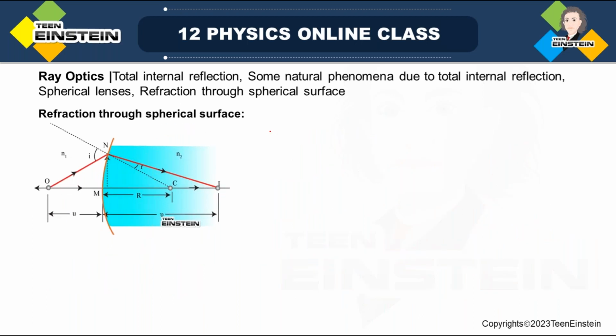Similarly, I can get gamma. Tan gamma is perpendicular NM by MC, or NM by PC. Now from Snell's law, what can you write?